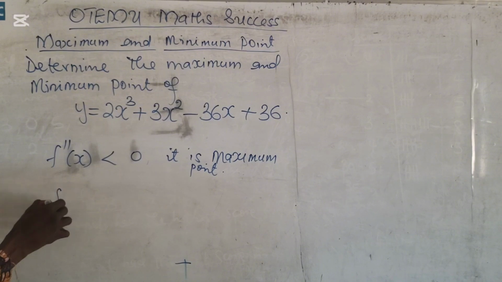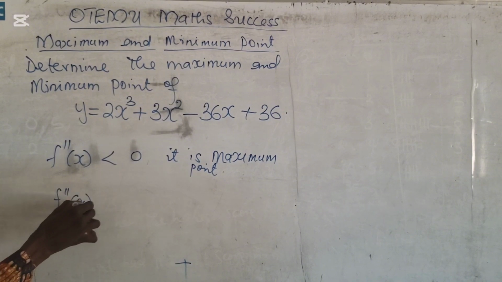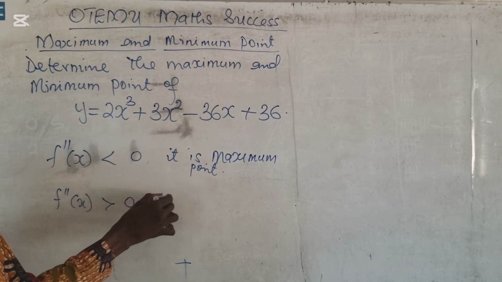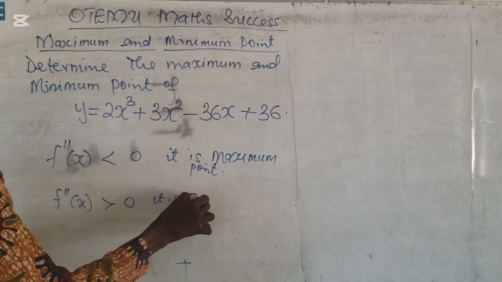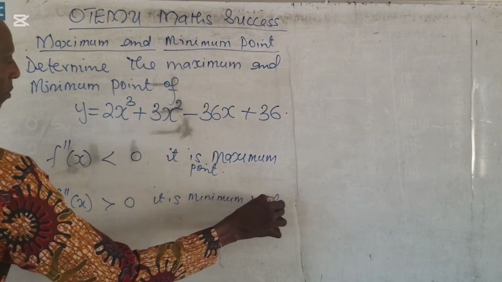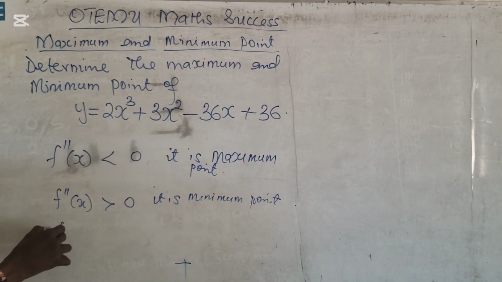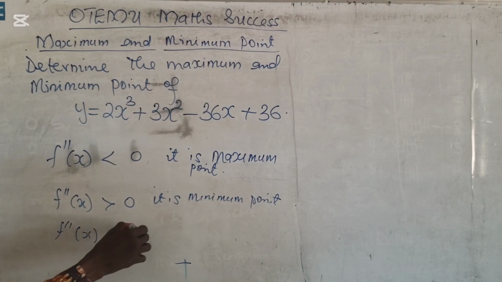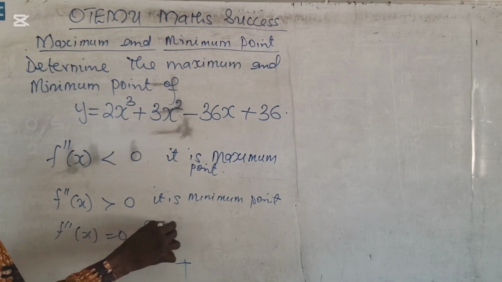When the second derivative of x is greater than 0, it is a minimum. When the second derivative is equal to 0, it's called a saddle point.